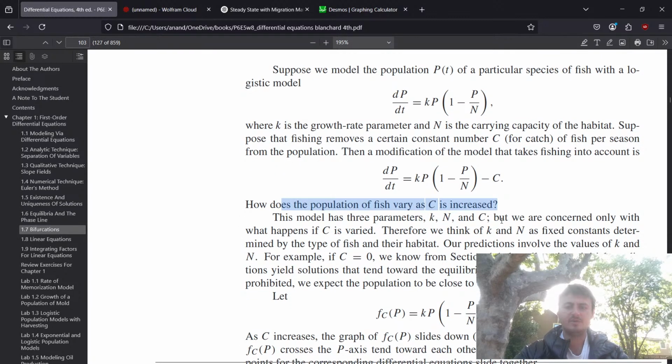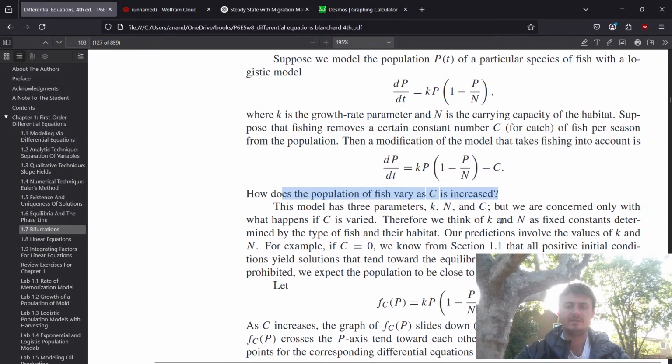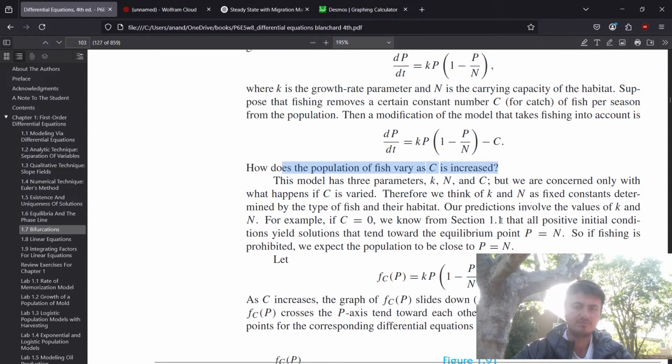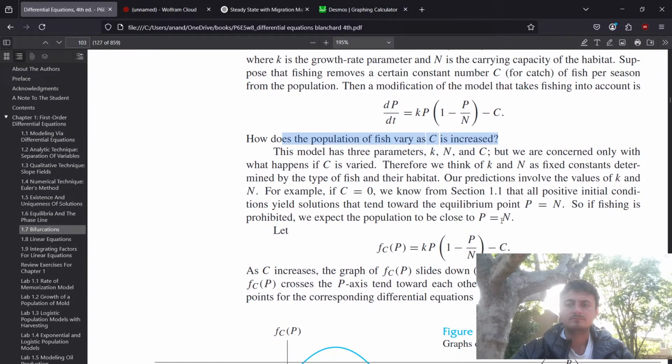This model has 3 parameters, K, N, and C. We are only concerned with what happens when C varies. Therefore, we think of K and N as fixed constants determined by the type of fish and their habitat. Our predictions involve the values of K and N.